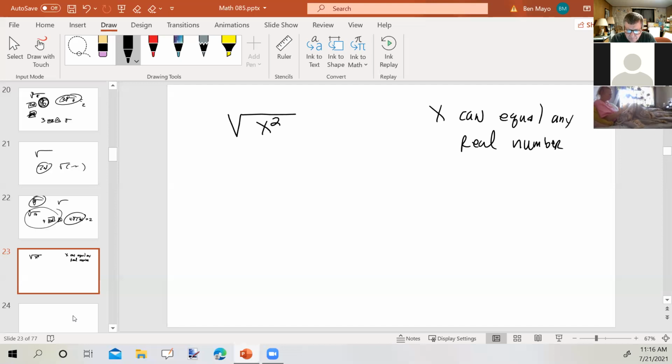Now, if I say the square root of x squared is x, I may have violated one of the rules, and here's why, okay? If x can be any real number, then this could be a negative number. But I said a little while ago that one of the rules was when you take an even root, in this case a square root, you can't get a negative answer.